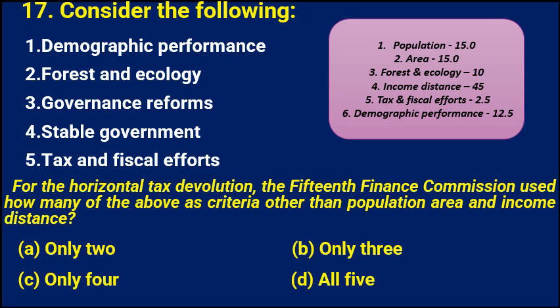For the horizontal tax devolution, the 15th Finance Commission used how many of the above criteria other than the population, area and income distance? So the correct answer is B, only 3 are correct. You can compare here, a total of 6 criteria were determined by the 15th Finance Commission for the horizontal devolution of funding.